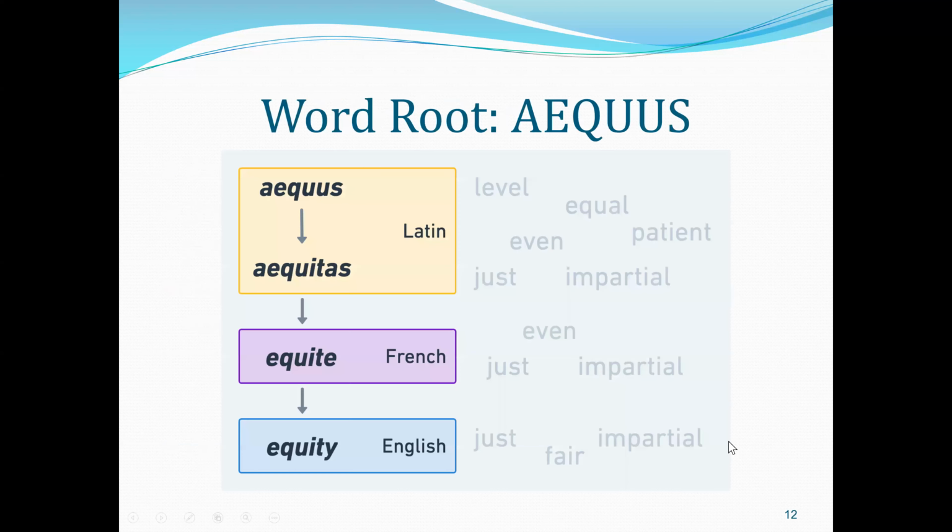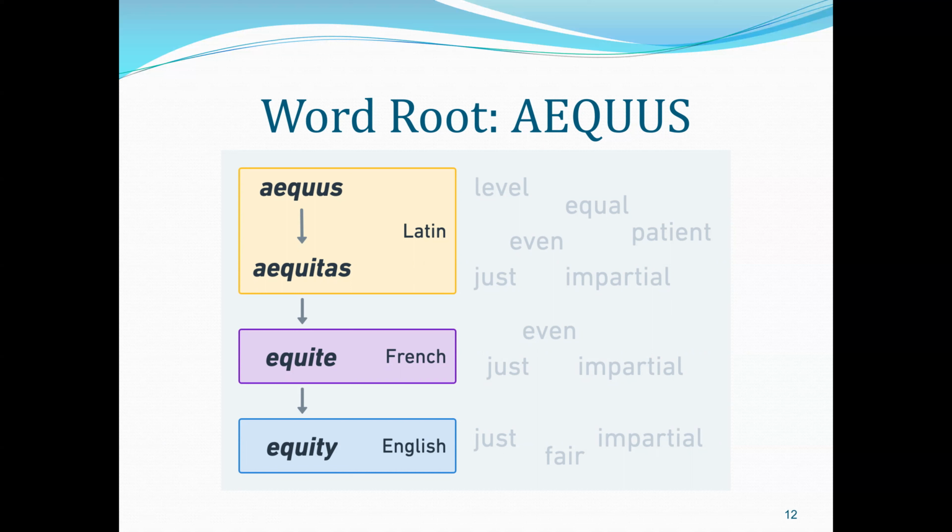The second word root I want to talk about is equi. The spelling is aequus in Latin. In French it's equit, and in English it gradually evolved over time into equity.